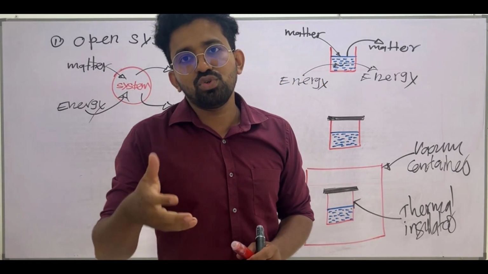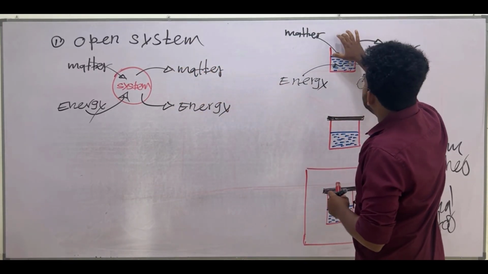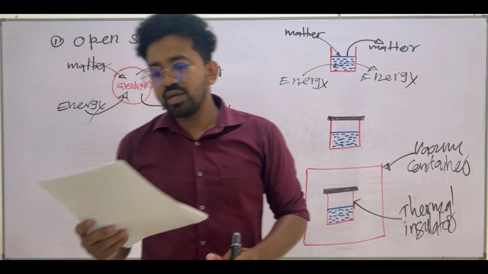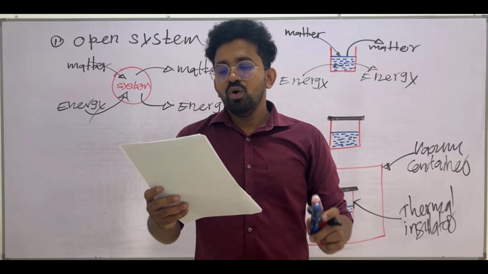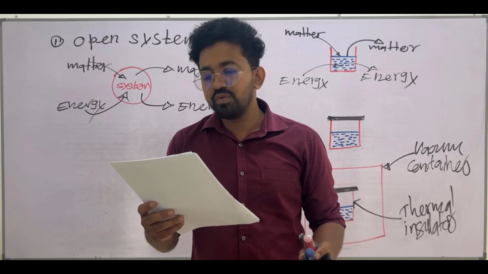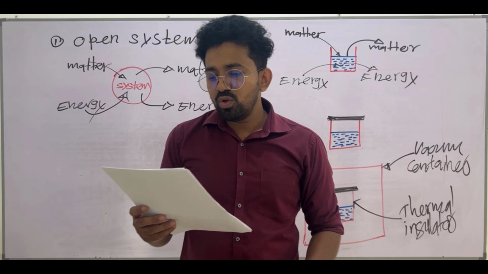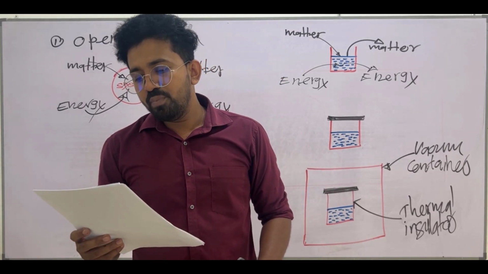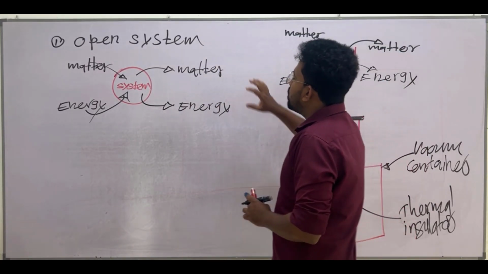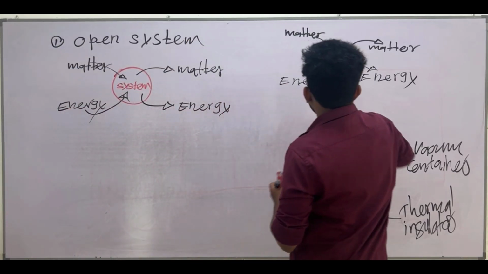Those we call an open system. So let's go to page number 4. Types of system, open system. In open systems, both energy like heat and matter like solids, liquids or gases can move in and out. Example, an open bottle of salt water. So here we can consider a beaker, an open system: matter can transfer, energy can transfer.